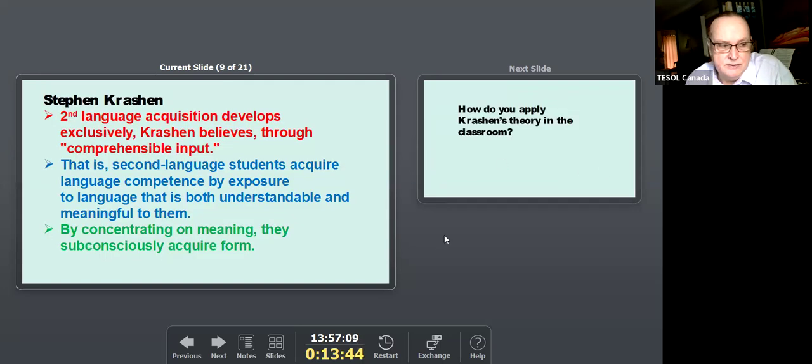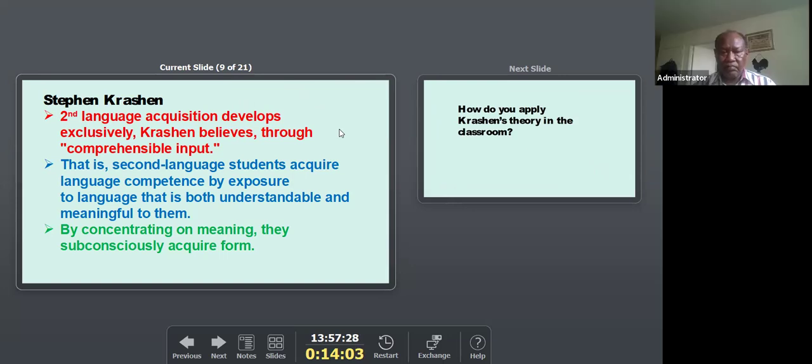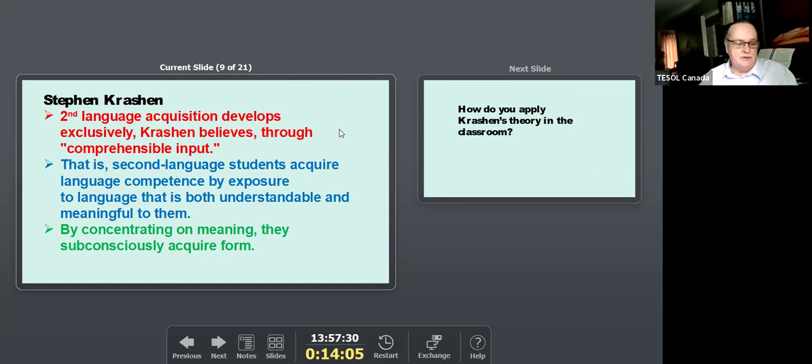to us. And one of the people who paid really close attention to this information, and might even help to answer your questions, Adam, was Stephen Krashen. And he says that second language acquisition develops exclusively through comprehensible input.